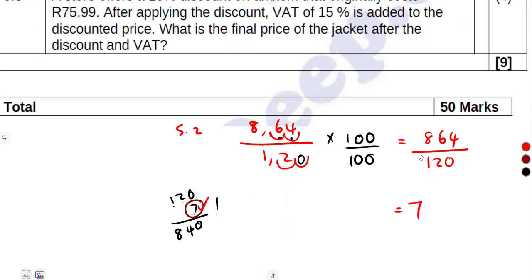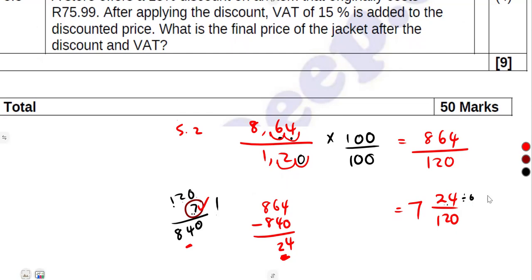So we are going to have a remainder of what? 864 minus 840. That's going to be 24. There's a remainder of 24. So that's 24 over 120, our remainder, which we can reduce. 24 is actually the highest common factor, but you can even try by smaller numbers.